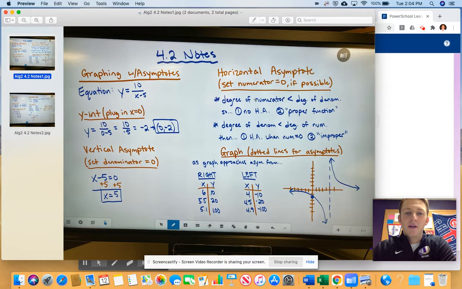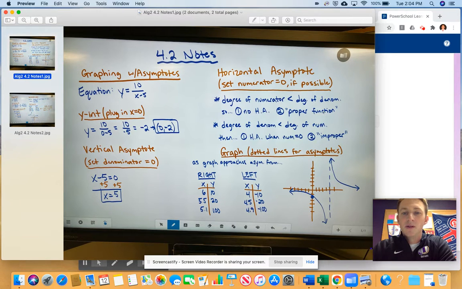If the degree of the numerator is less than the degree of the denominator, which is the case we have here, it's really like 10 with x to the 0 power. So our degree up here is 0 since there's no variable, and the degree down here is 1 even though you don't see it. So 0 is less than 1, so the degree of the numerator is less than the degree of the denominator. So first things first, there is no horizontal asymptote.